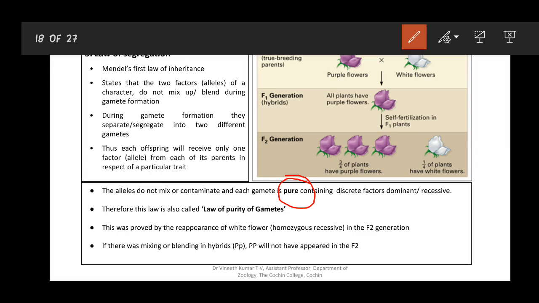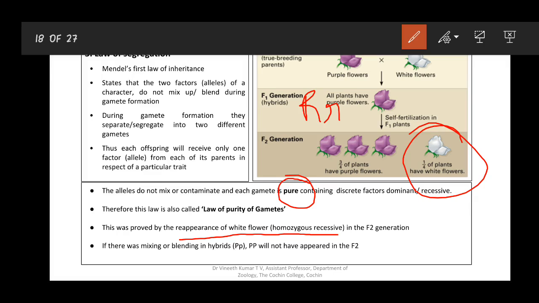And this was proved, as we said earlier, by the reappearance of the white flower color in the F2 generation. If there was blending or mixing in the hybrids, in this particular capital R small r, or capital P small p, whatever it is, in the heterozygote, this white flower color would not have appeared.